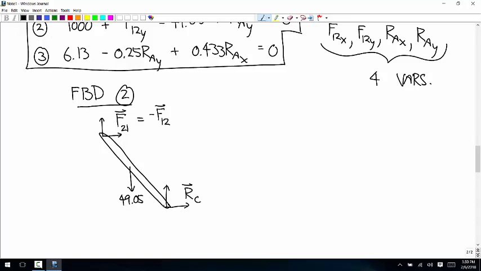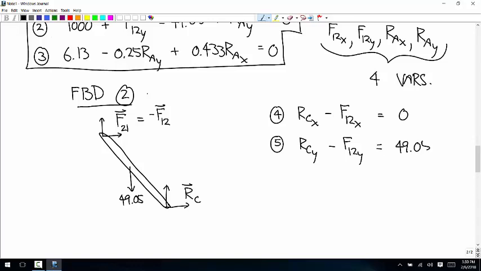Okay, so now from that you get equations. I'll just write the equations. RCX minus F12X is equal to 0. And RCY minus F12Y is equal to 49.05.